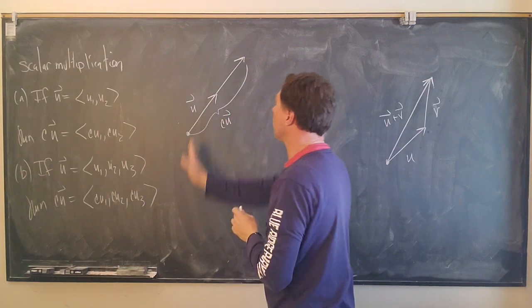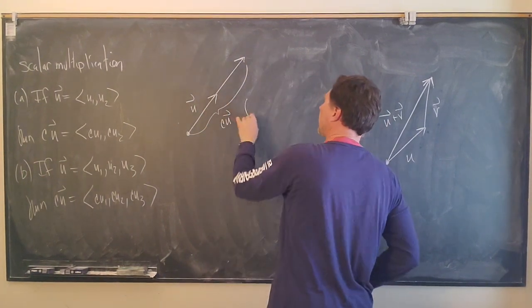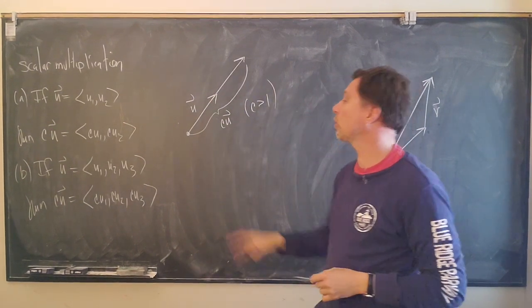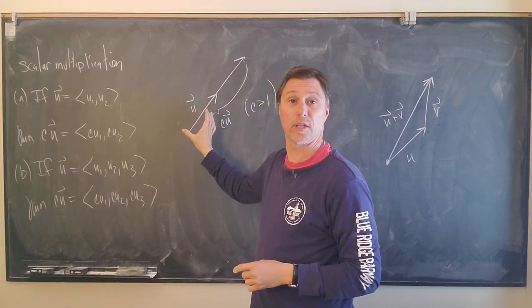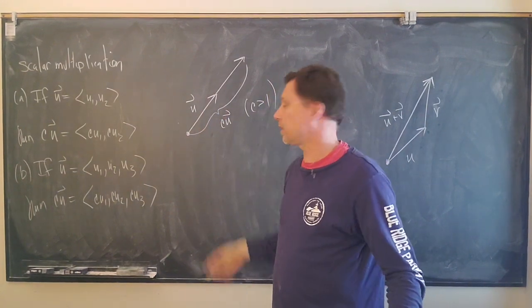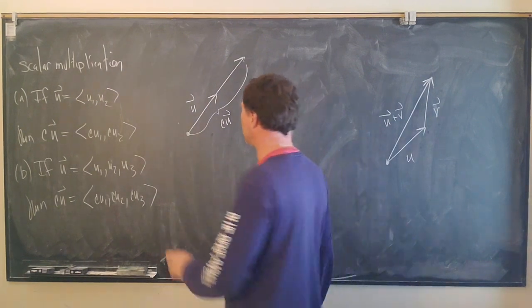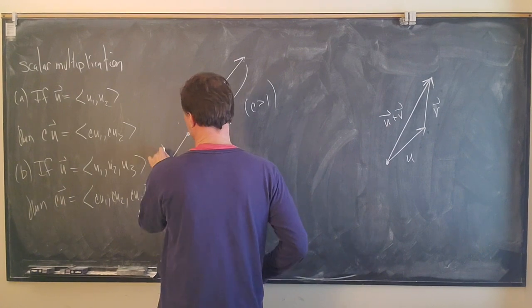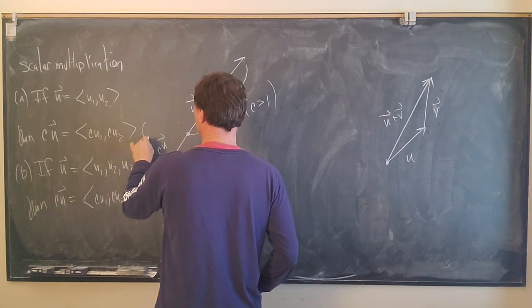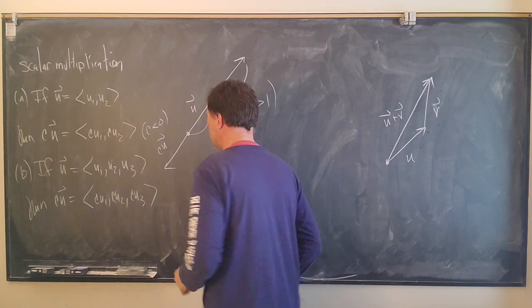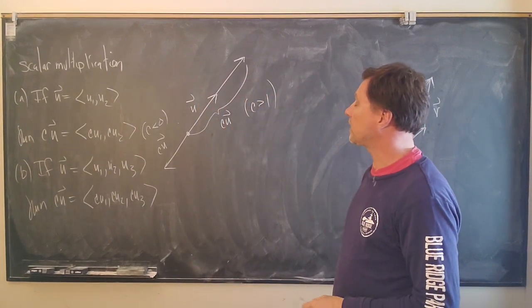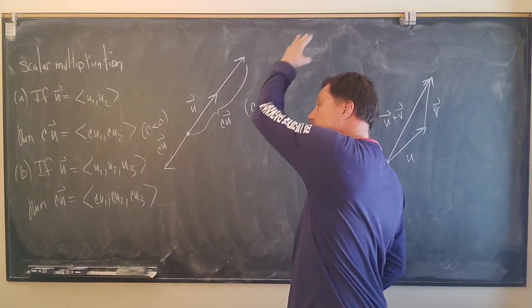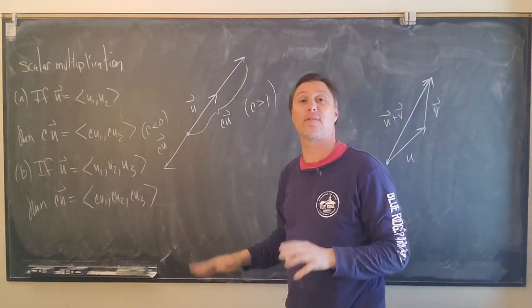It makes it longer, pointing in the same direction, in the case that c is greater than 1. If c is between 0 and 1, it shrinks it down. If c is negative, it makes it point in the opposite direction. So here is c times u in the case that c is less than 0. It's a shorter or longer version of u pointing in either the same direction or diametrically opposed, depending on the value of c.